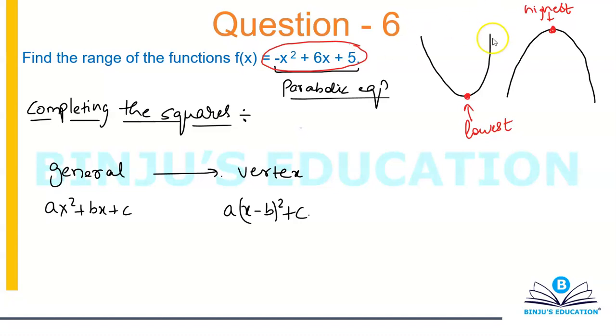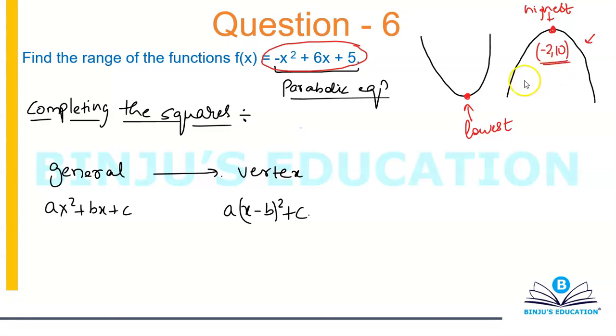Let's say, hypothetically, for this downward parabola, the vertex comes out to be (-2, 10). So what do you mean by (-2, 10)? It is the vertex, fair enough. But what does this basically mean?